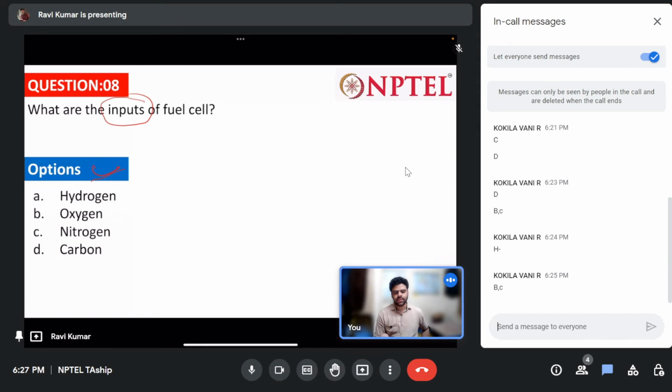Very simple question. What are the inputs of a fuel cell?